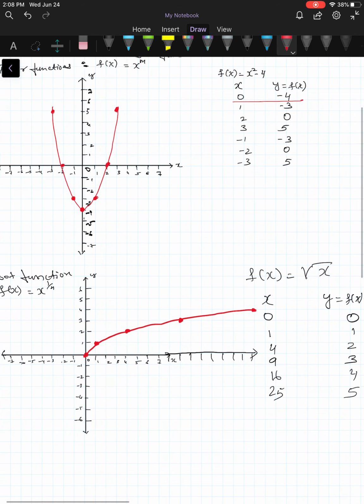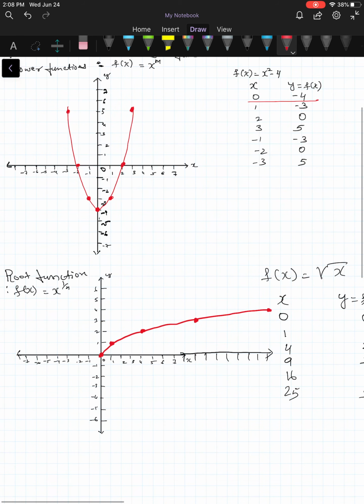So this is how we sketch the graphs, and we learned the types of functions: what linear functions are, what constant functions are, what power functions are, and what root functions are, and we learned how to plot them in this video. In the next video, we will learn about graphing piecewise defined functions.